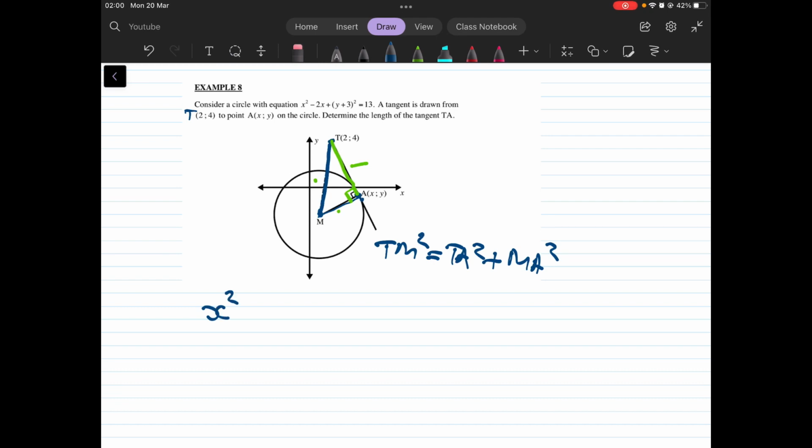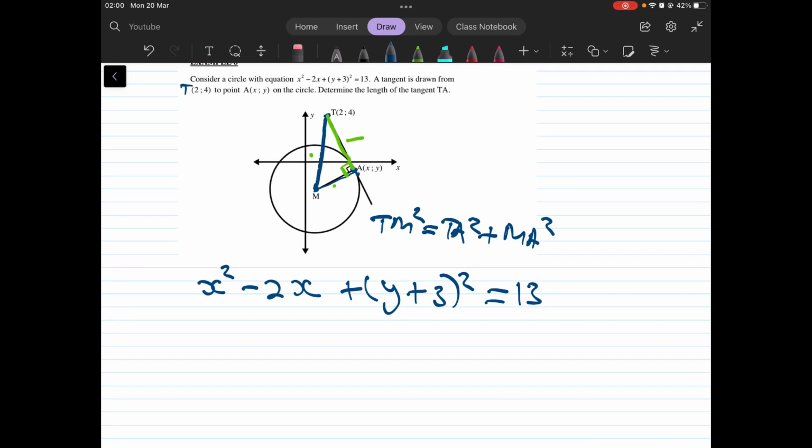Let's try to write that equation in standard format, as it will help us. So let's rewrite it first: x squared minus 2x plus y plus 3 all squared equals 13. Don't make the mistake of thinking that the 13 is already your r squared. Write the equation in standard format first. To do that, we need to firstly factorize the x part by completing the square.